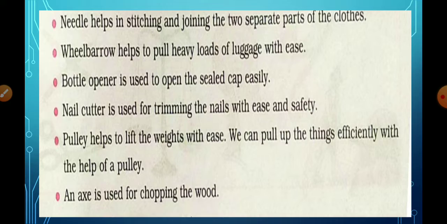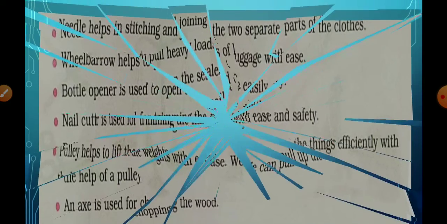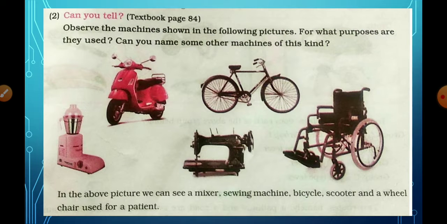We'll move on to the next question now. The question is in the textbook, page number 84. Observe the machines shown in the following pictures. For what purposes are they used? Can you name some other machines of this kind?